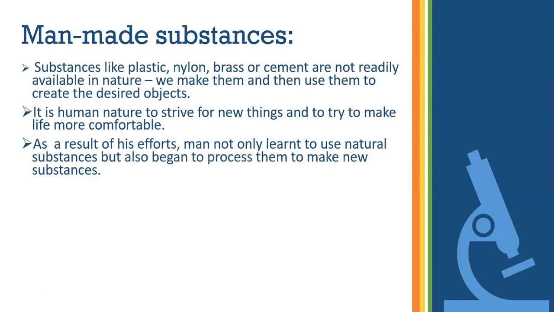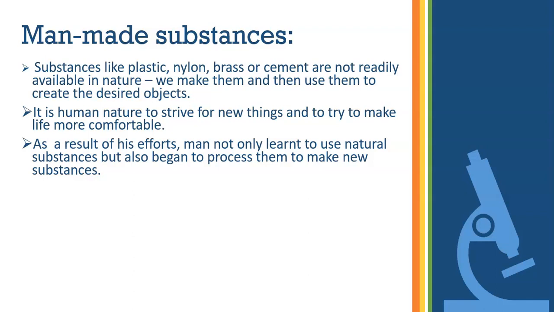As a result of his efforts, man not only learned to use natural substances but also began to process them to make new substances. So early man used to use leaves and skin of animals to cover themselves. But later, by some effort or sometimes by accident, man learnt about fabric like cotton.